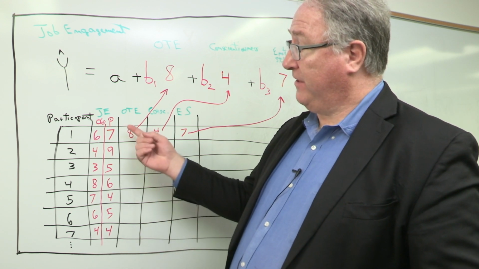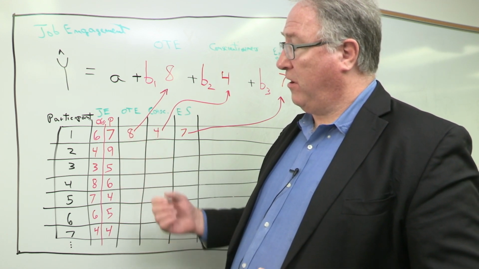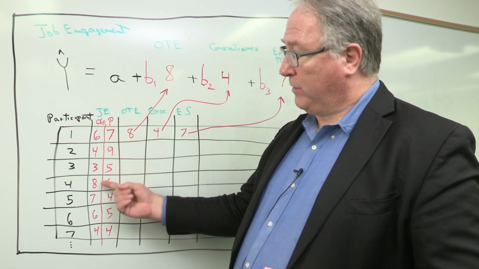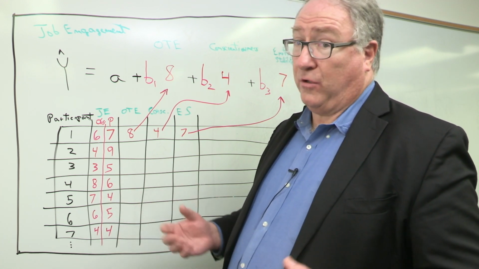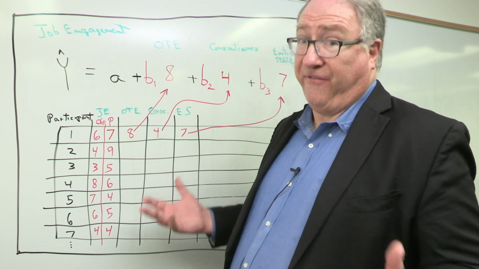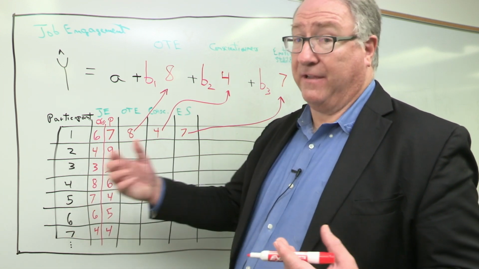So we want these predicted values overall to be as close to the actual observed values on the outcome variable measure, and the closer they are, the better of a fit of the model with the data that we say that we have.